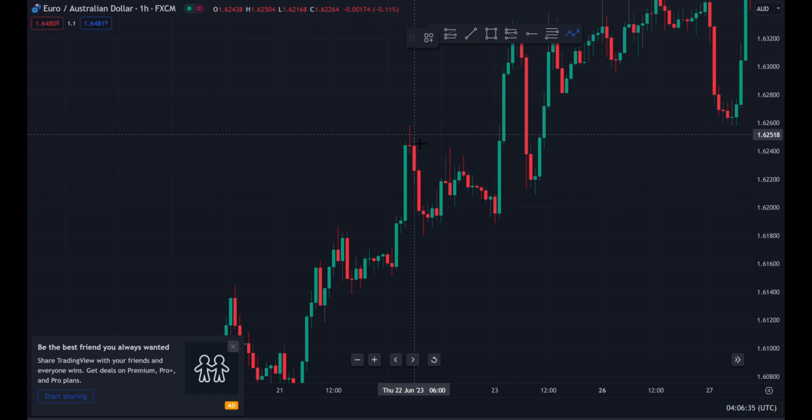This is a drop. This is the base down here. This is the base. So this is the rally. So the market will move back into the base, and then it will make an impulse movement to the top right there.